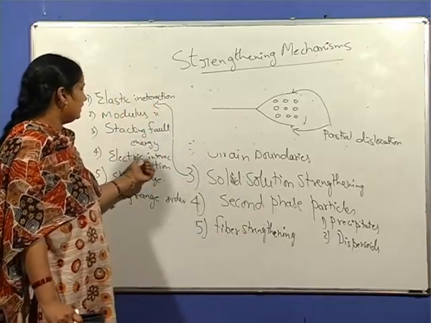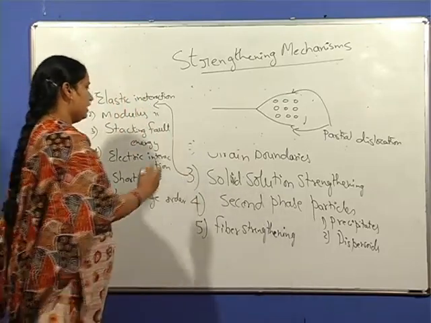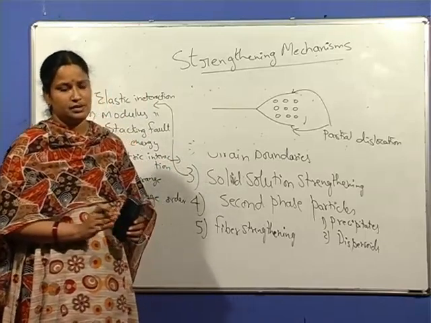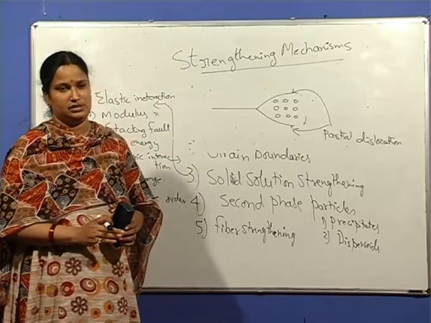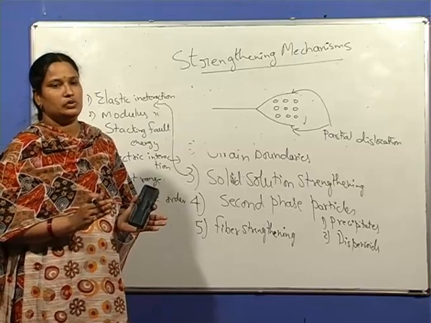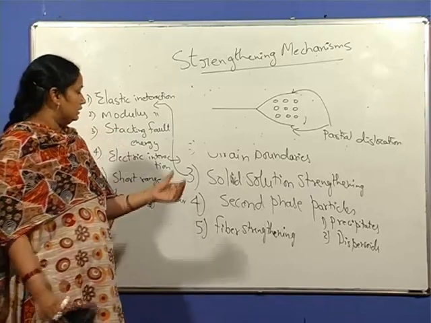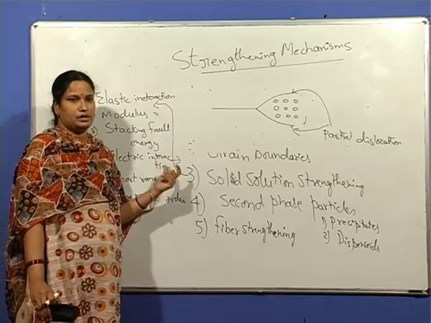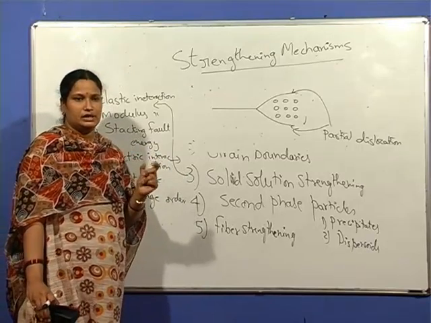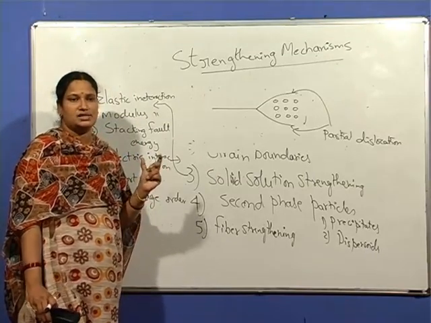Next is the electric interaction. The electric interaction mainly comes into the picture only when there is a large valence difference between the solute and the solvent. Because of this large valence difference, the electric charge is concentrated and localized on the solute atoms, and these solute atoms act as charge centers.